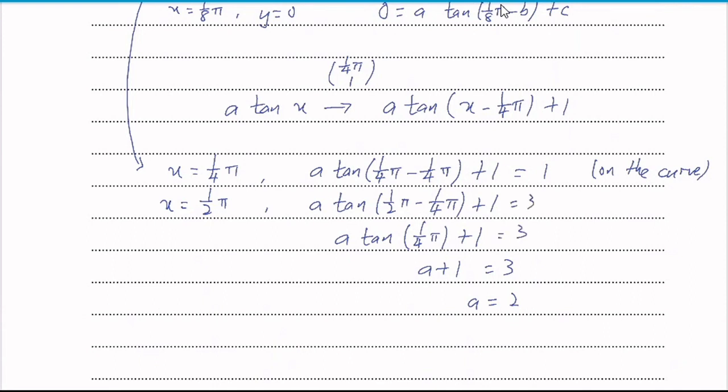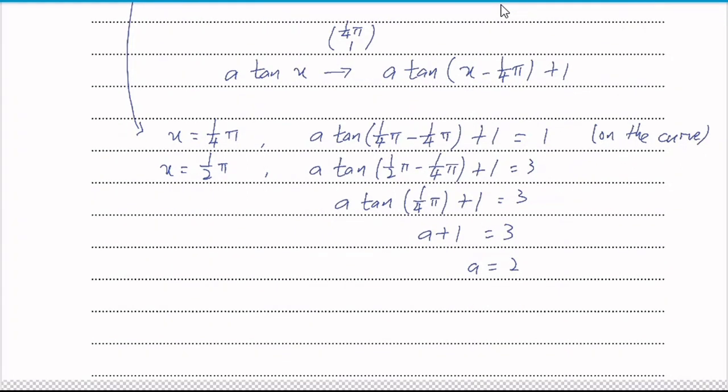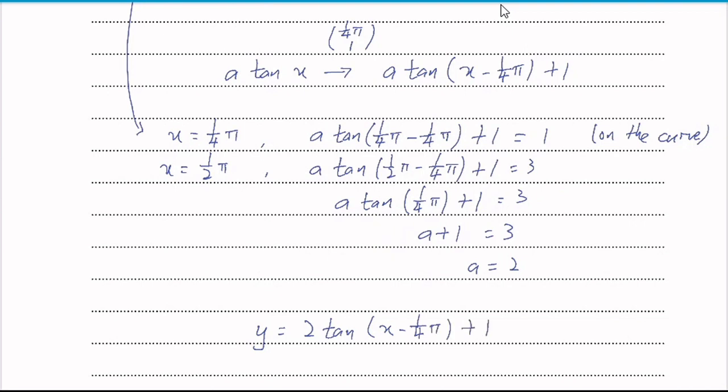Overall, considering everything, the graph here should be y equals 2 tangent of x minus 1 over 4 pi, plus 1. So this is how we get the final result for this curve.